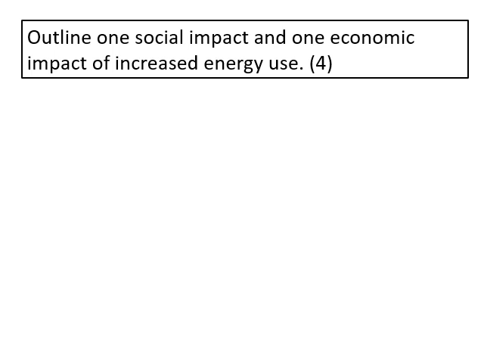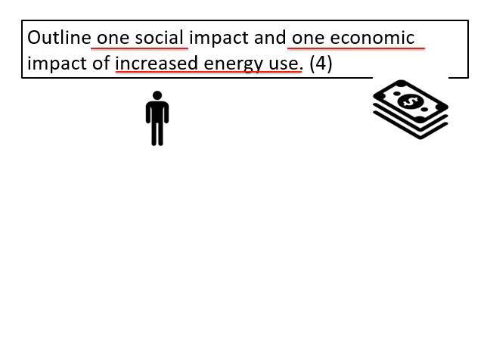And it's a two-part answer again: social impact, economic impact of energy use. Okay, so if we're rewording that question, it's asking us, what is the problem of us using more and more energy on people and on the economy? So I'll give you a couple of minutes now to pause the video and have a go.